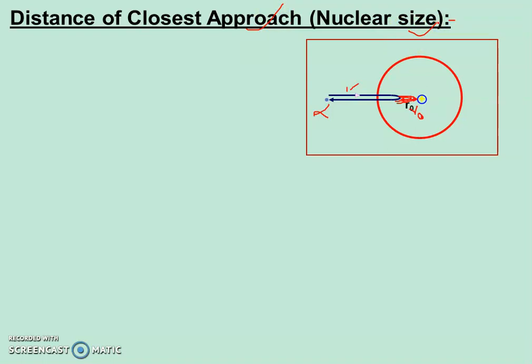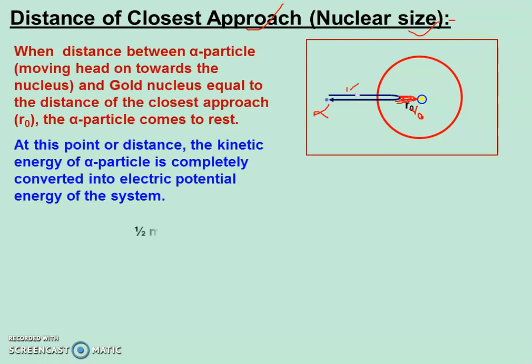So what happens when the alpha particle approaches the nucleus is that it feels the repulsive force and then comes back. It means the kinetic energy of the alpha particle is stored as the potential energy of the system. Now the kinetic energy of the alpha particle is half mv square, whereas the potential energy of the system is 1 by 4 pi epsilon naught q1 q2 by r.